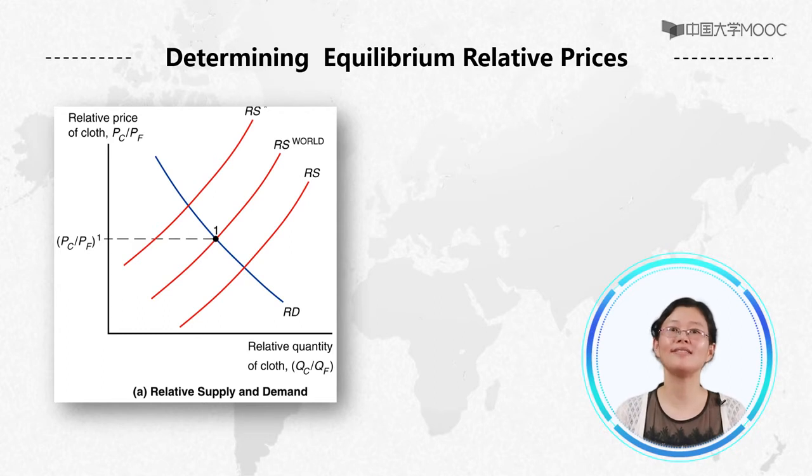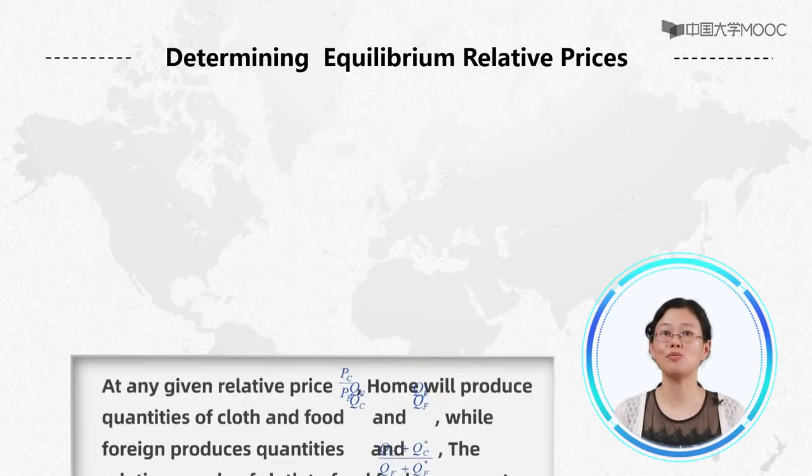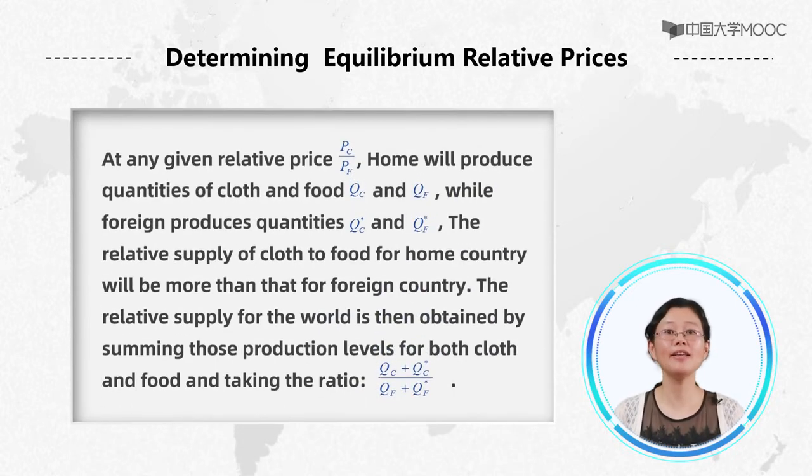Now, let's consider the world's relative supply curve. That is RS world. At any given relative price PC divided by PF, home will produce quantities of clothes and food QC and QF, while foreign produces quantities QC star and QF star. The relative supply of clothes to food for the home country will be more than that for the foreign country.